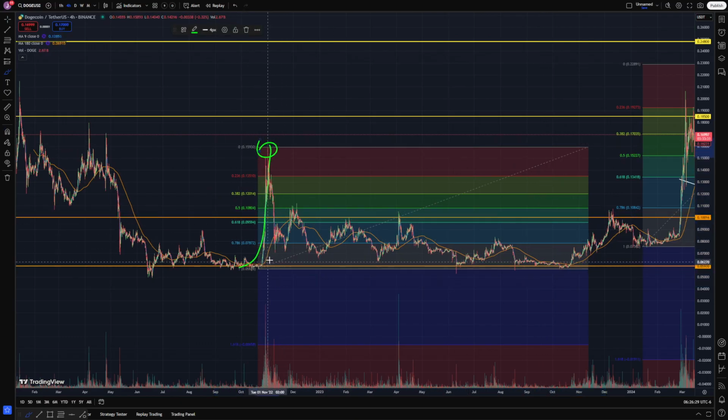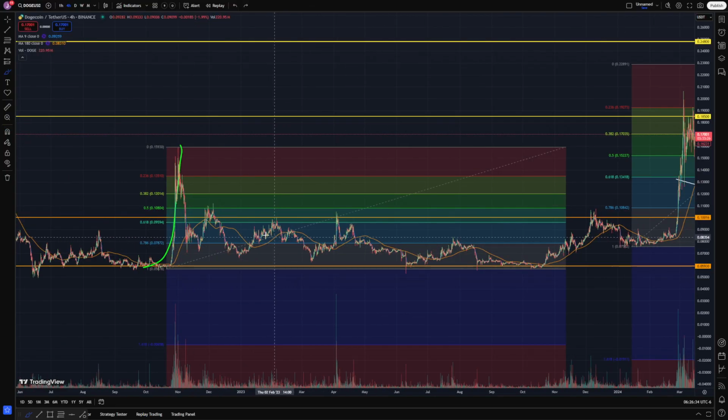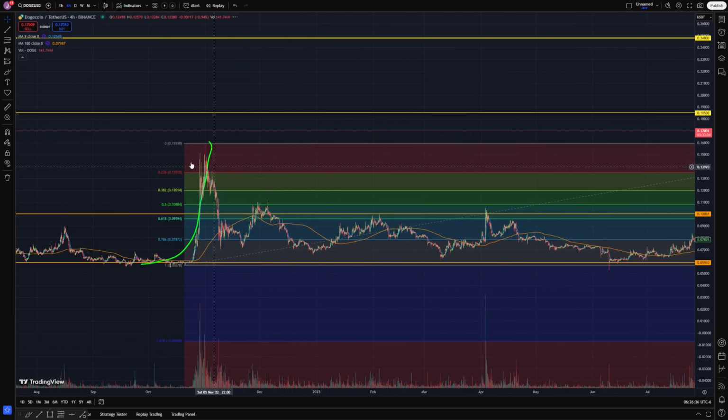I set up the Fibonacci retracement from the bottom of the run to the top of the run, and if you were paying attention to the Fibonacci retracement levels in this area, we came down, found support on that 78% level, bounced up, could have sold at 61% or even 50%, and then came back down, hit the 78% again, came up, hit the 61%, hit the 78%, almost came down, hit the bottom, and then bounced back up: 78%, 61%, 78%.